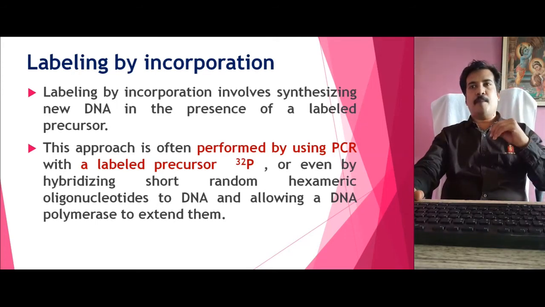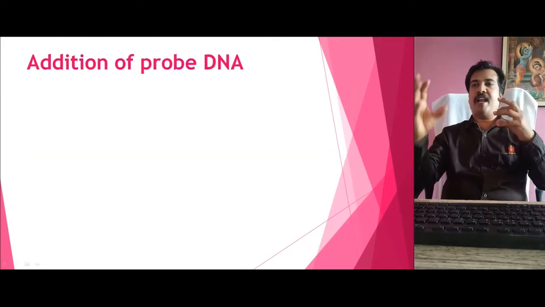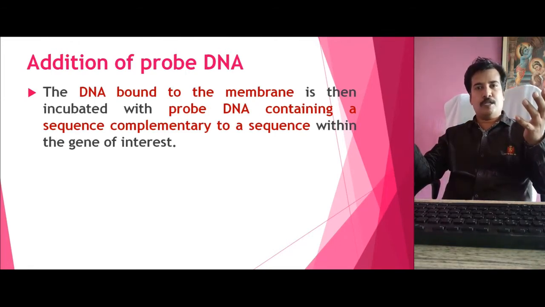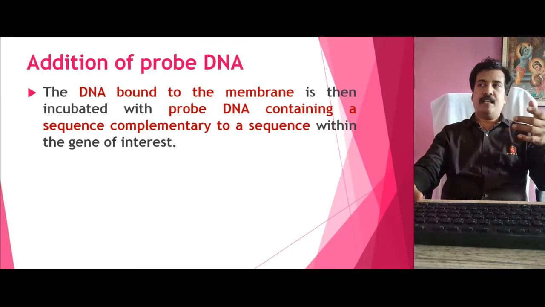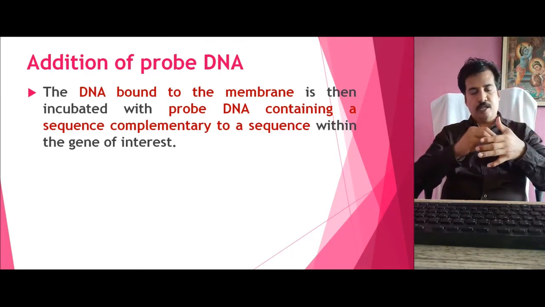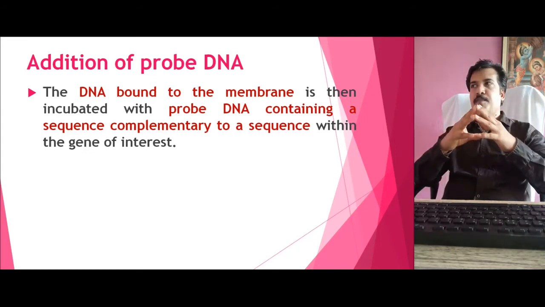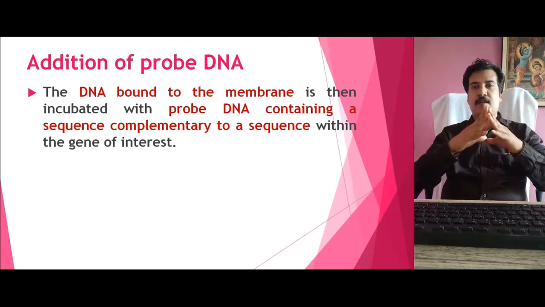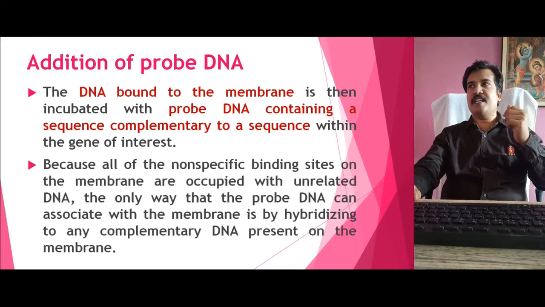After we get a probe DNA, we will add this probe DNA to the nitrocellulose paper which is carrying the single strand of DNA. So we will add the probe DNA to that paper in the presence of the buffer. The probe DNA is generally the complementary sequence of the gene of interest, so it will get attached once we provide an appropriate condition.